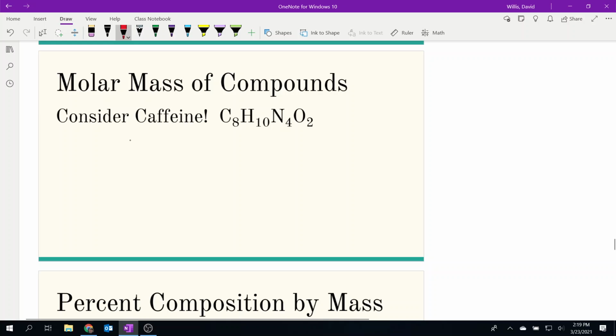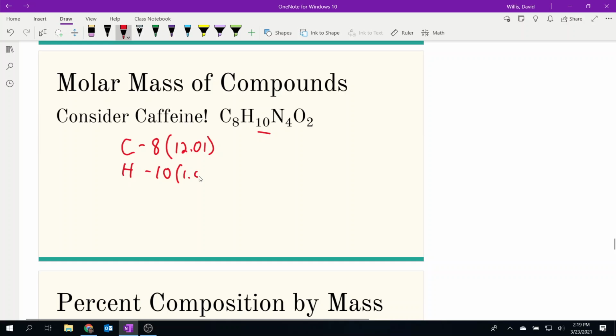Hey, so carbon. How many carbons do I have here? 8. What is the mass of each carbon? It's actually 12.01 because we have to assume the average atomic mass, which is some carbon 12 and some carbon 14. So remember that that's average atomic mass. Hydrogen, how many? 10 of them, right?